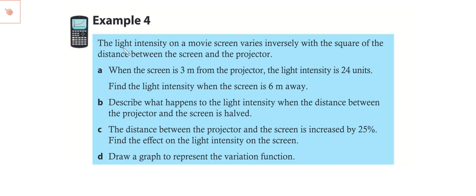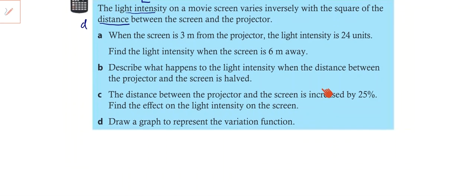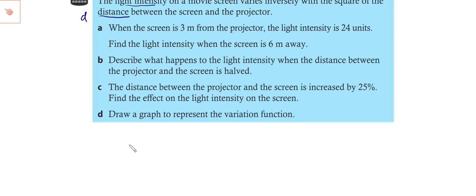What would you like to call light intensity? L? Okay, capital L, light intensity. What do you want to call distance? D. Okay. How would I write intensity varies inversely with the square of the distance? L, proportional to 1 over d squared.